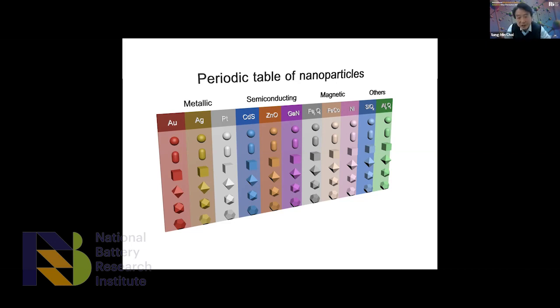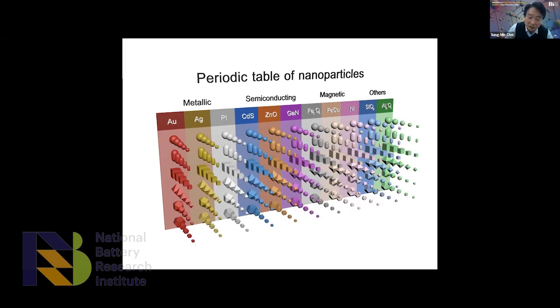So now we can think of a sort of periodic table of nanoparticles. Since we can control the size of nanoparticles, in principle we have a three-dimensional periodic table, which provides much wider opportunities of making different materials than the atom itself, in principle.